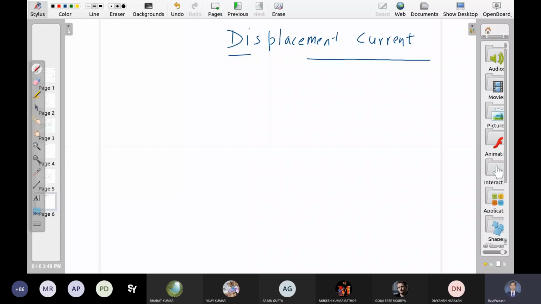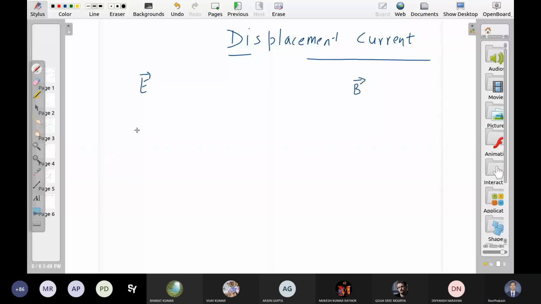What is displacement current? Sir, the current between those capacitors. So this is current connected to non-steady currents, or let me first describe it. So we have electric field, we have magnetic field.